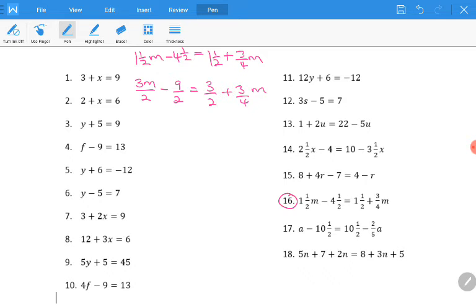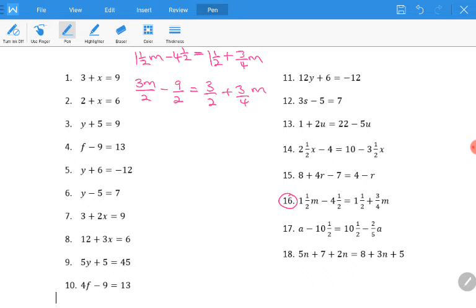Another option here is just to multiply throughout by the lowest common multiple of the denominators.